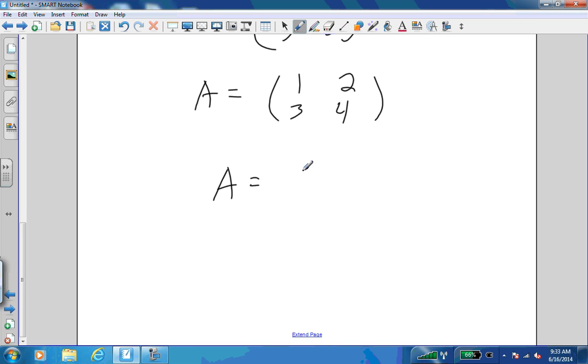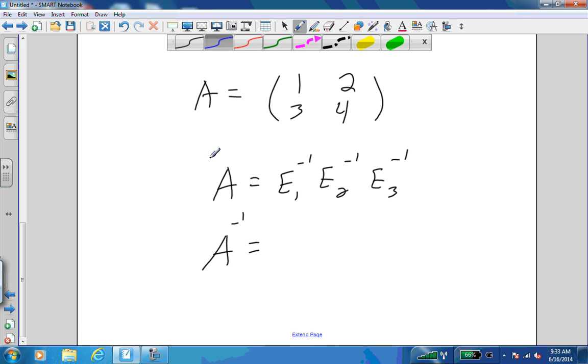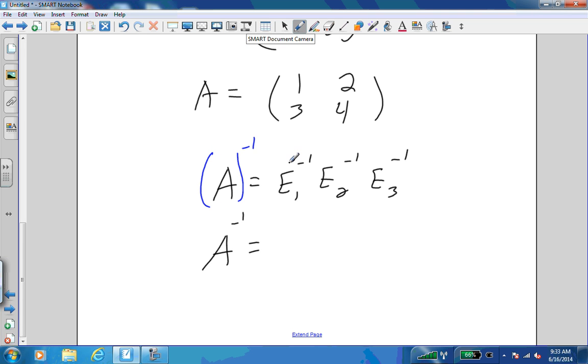So our matrix came from doing the inverse of each elementary row operation and multiplying those in that order. If we were to take just the regular operations, keep in mind that we've seen in the past, if we raise the product to the -1, this inverts each of these, but it also changes the order. So this one comes over here.